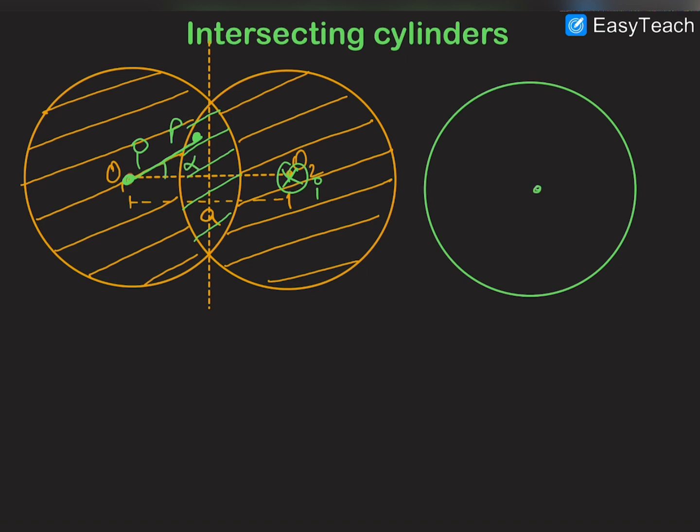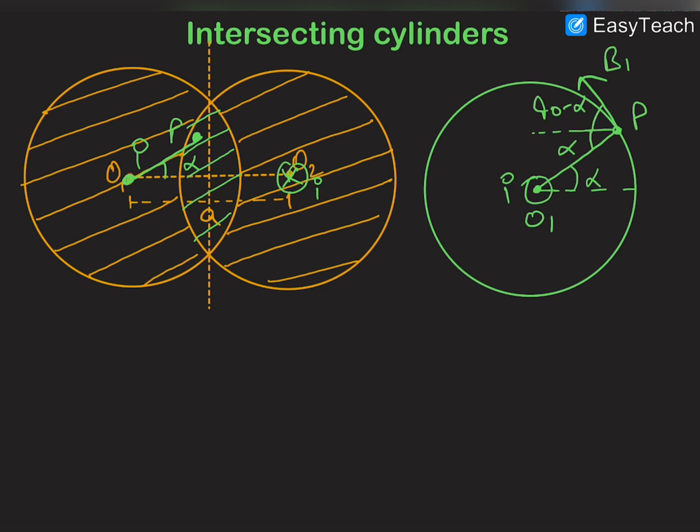So if I draw O1 and I connect it with P, and this angle is alpha, obviously, as the current is coming out of the plane, the magnetic field will be like that. And this angle will also be alpha, and this is 90 minus alpha.